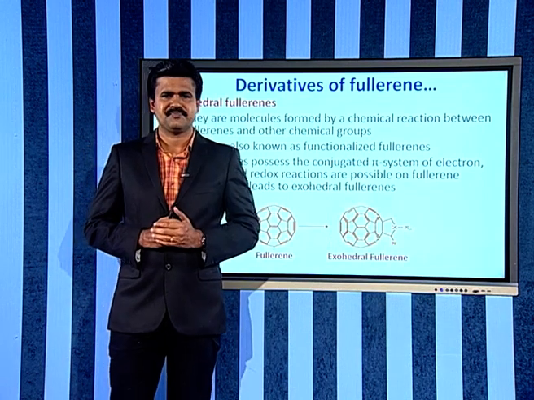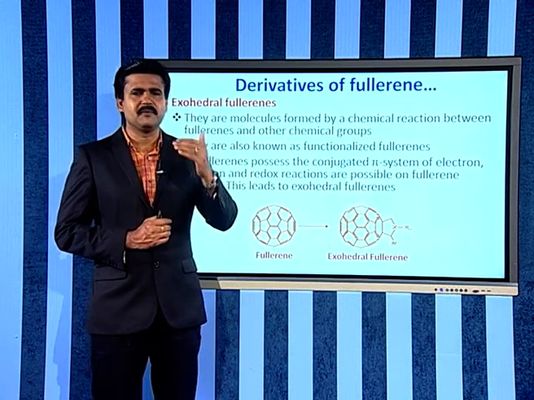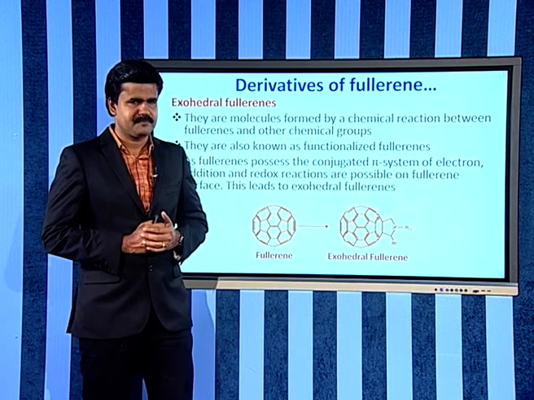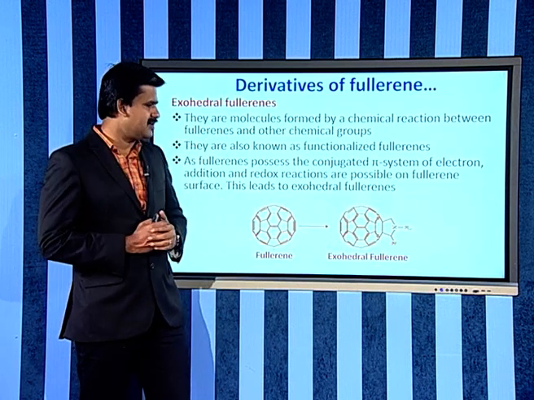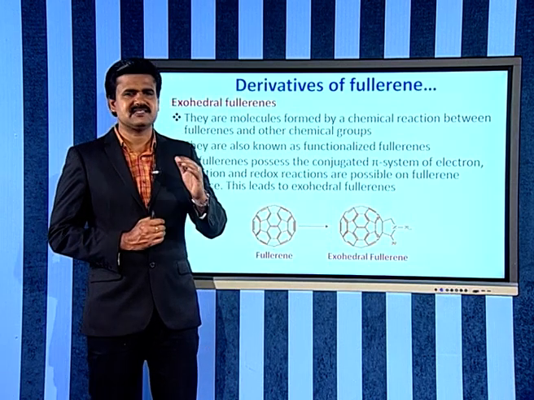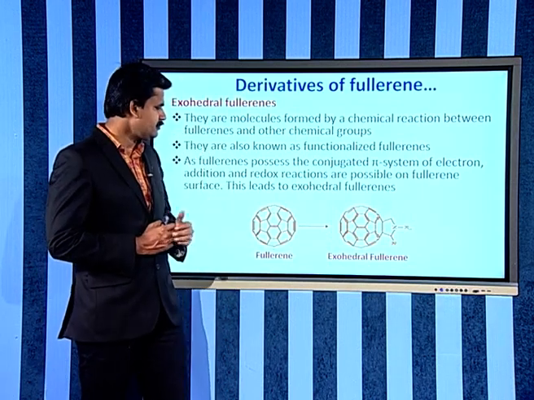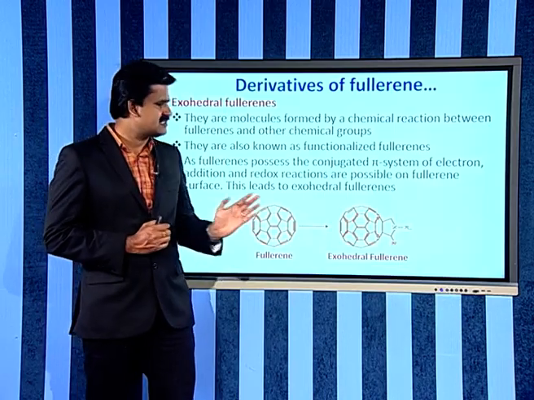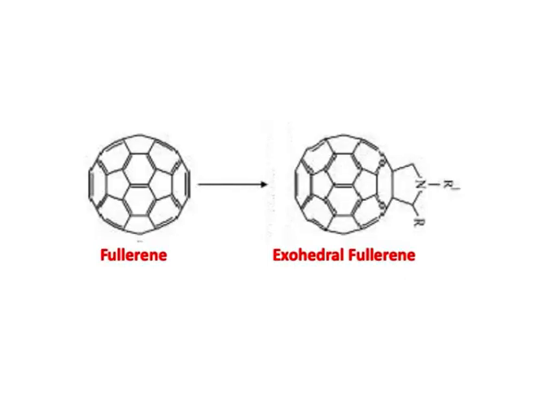The picture illustrates the formation of an exohedral fullerene, in which a 5-membered nitrogen group, a piperidine part, is introduced. Fullerene, its surface is modified, nothing happened inside the cavity. Since the group is present exclusively outside the ring, the name is exohedral fullerene.